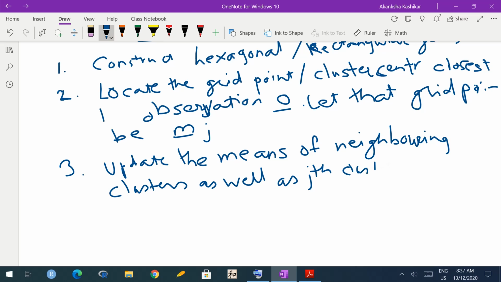How do you update? Because you have added a new observation, you have to update it. So you update as mi is updated as original mi plus alpha times o minus mi.